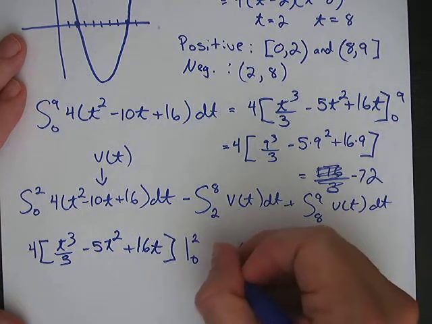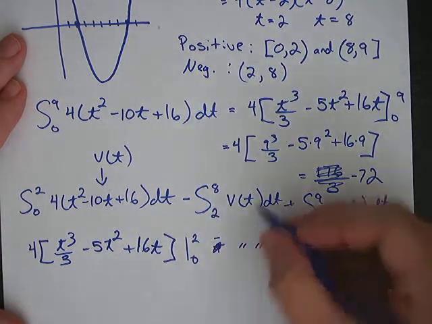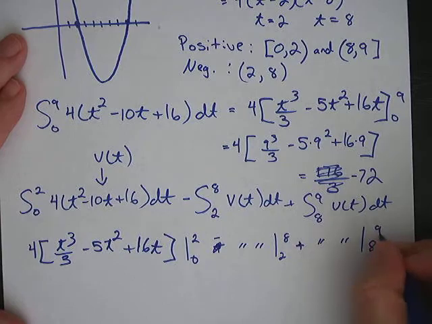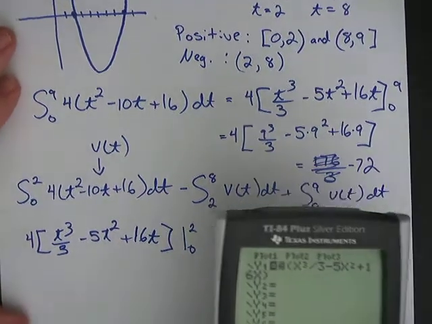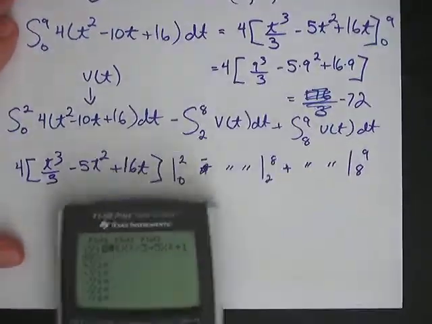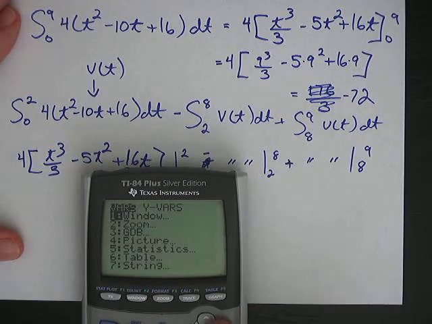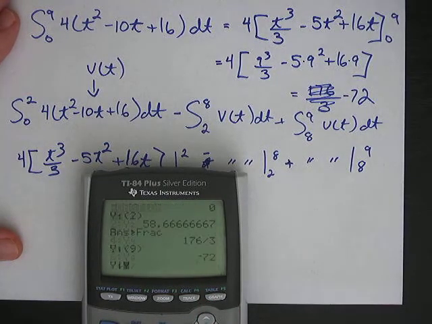That's a minus because it's below the t-axis, so we're doing minus to fix it, and then plus the same thing from 8 to 9, and that's when we can really use our calculator to shorten this problem up a little bit. So we've got it typed in. Again, it is vars, y-vars, enter on function, and enter on the first one.